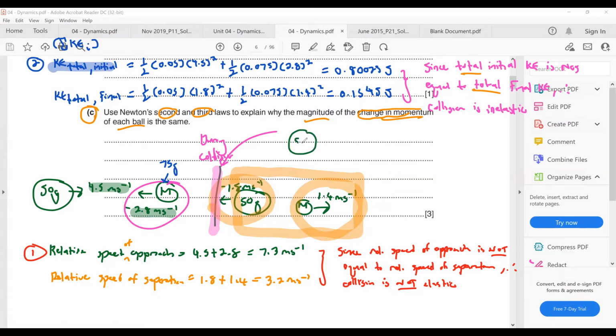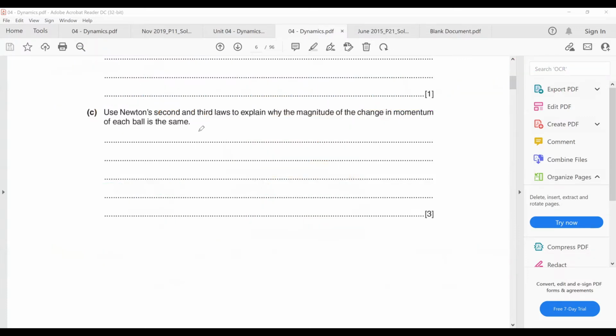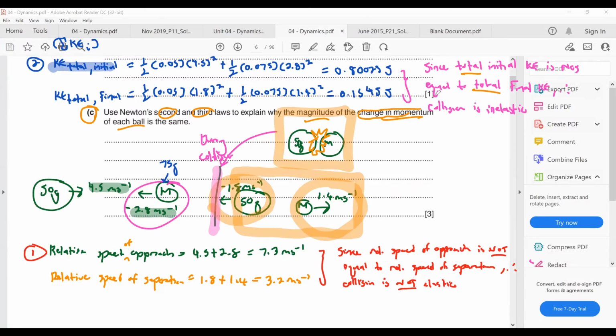This one, the 50 grams, and the mass M, they hit each other. So there was one point in time where they were in contact. Then after they hit each other, they exert a force, then both of the objects move in separate directions. We will look more at the part where they were hitting each other and explain using Newton's second and third law.